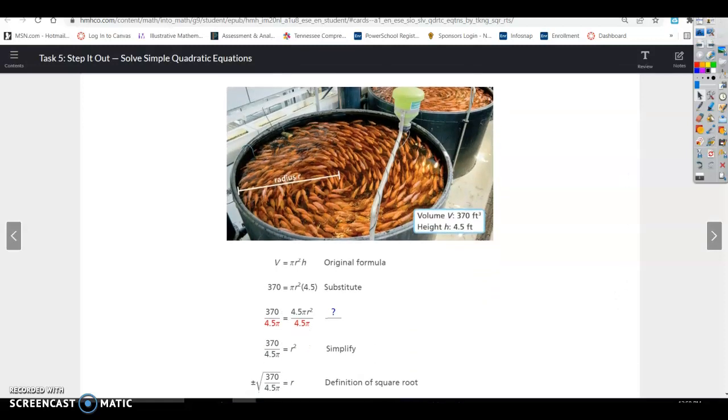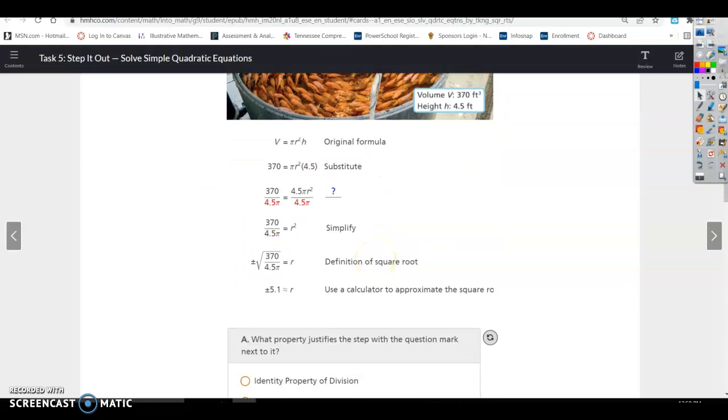All right, so if you look in here, you can see all those little minnows, all the little fish in the tank, but it has a volume of 370 feet cubed, and it has a height of 4.5 feet. And it looks like we are looking for the radius of this tank. So we're going to take the original formula, V equals pi r squared h, and we're going to substitute the two given pieces of information here.